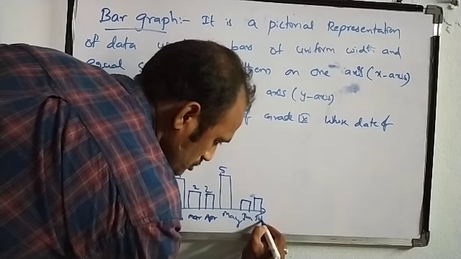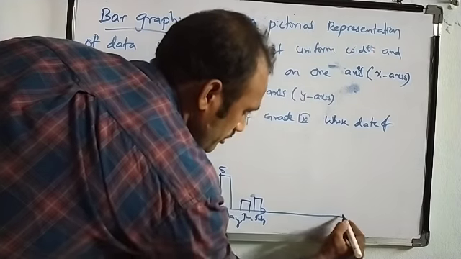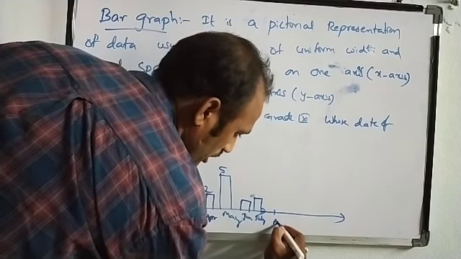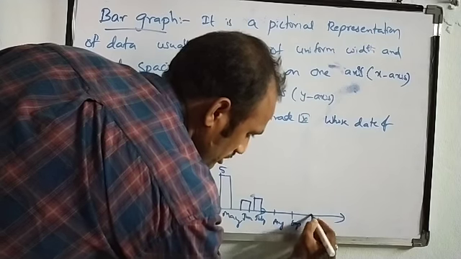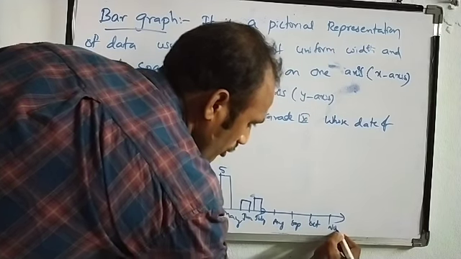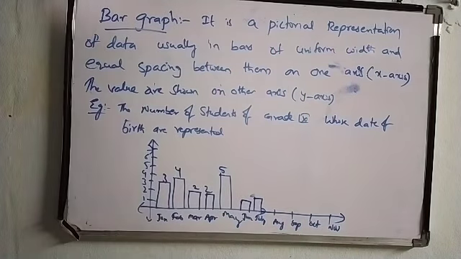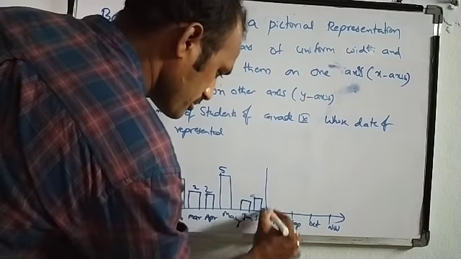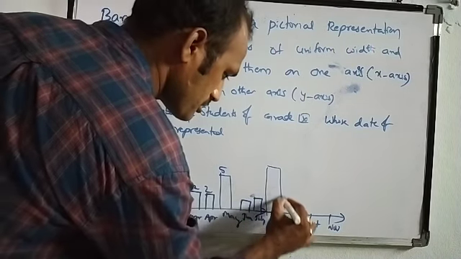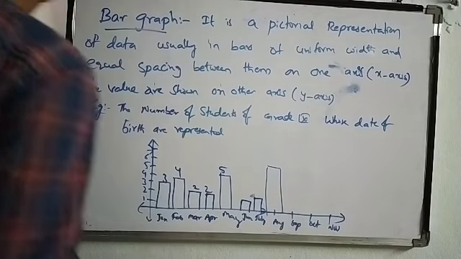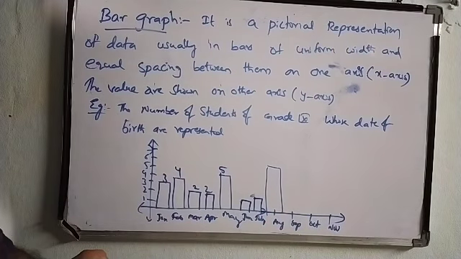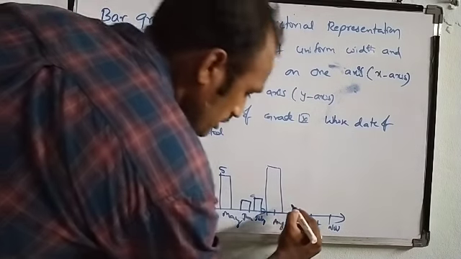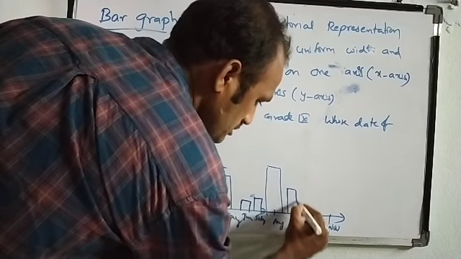June, July, August, September, October, November. In August month, he has given the data as 6 units. In September, 3 units.